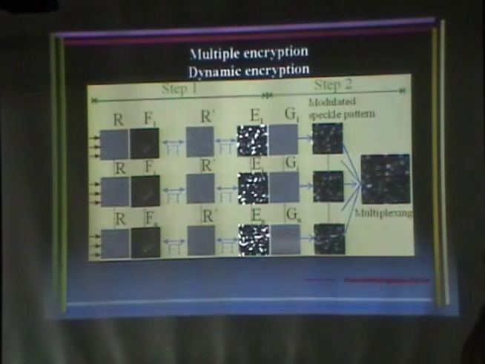This is the first time this was done, the final part of last year, that a movie was encrypted. It will last only 3 seconds. We will see the decrypted version of the movie that was encrypted.